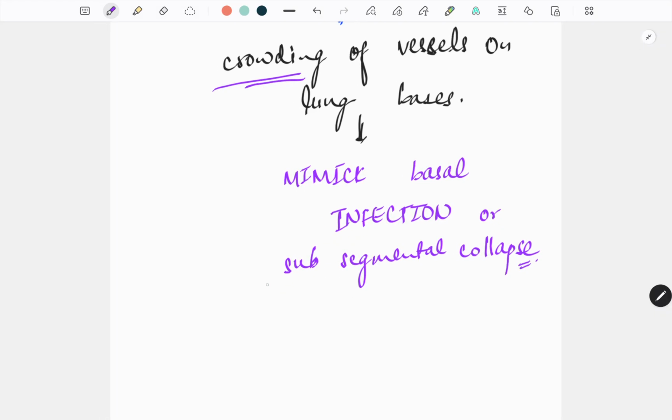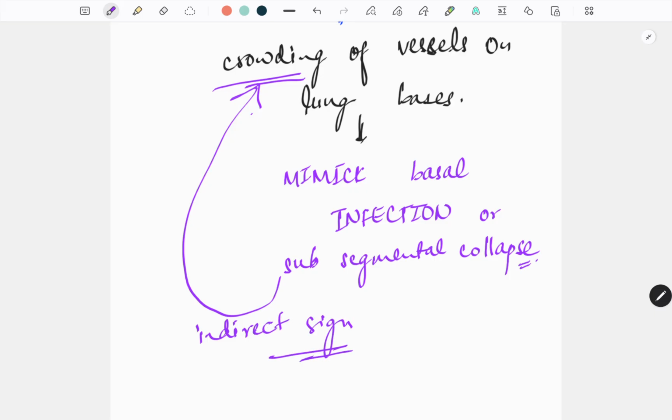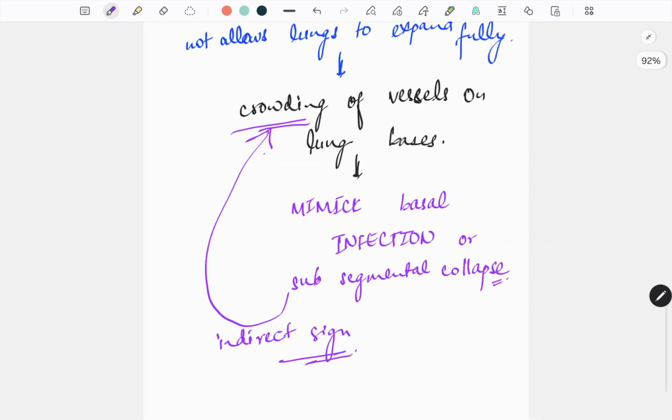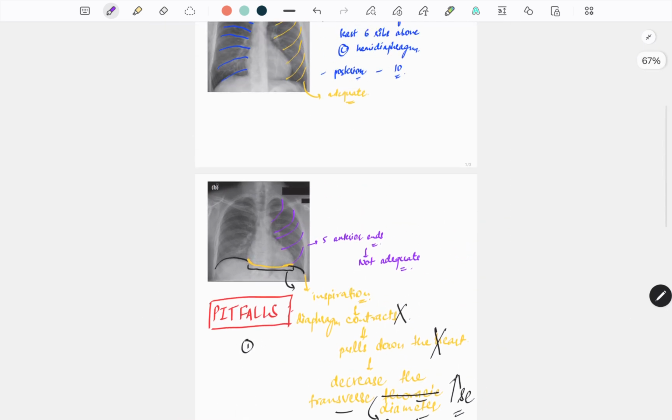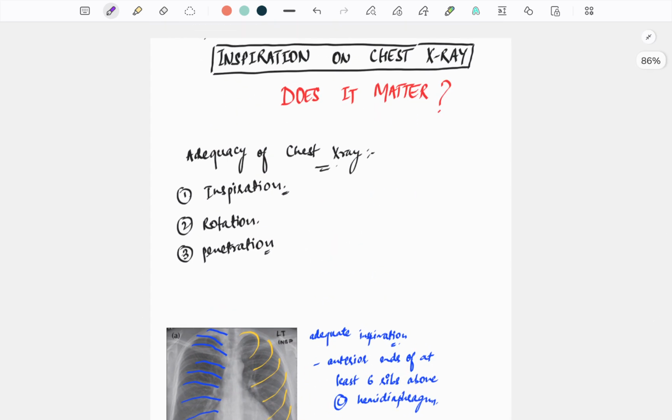As we all know, crowding of vessels is an indirect sign of collapse. We'll discuss this in some other video where we'll talk about lung collapse, the features of lung collapse.